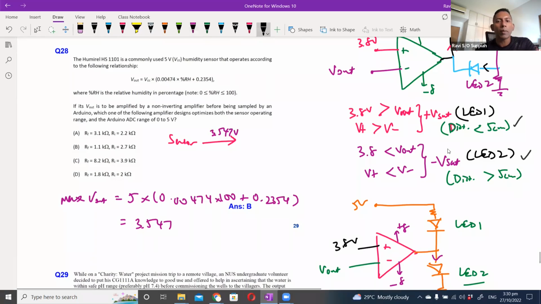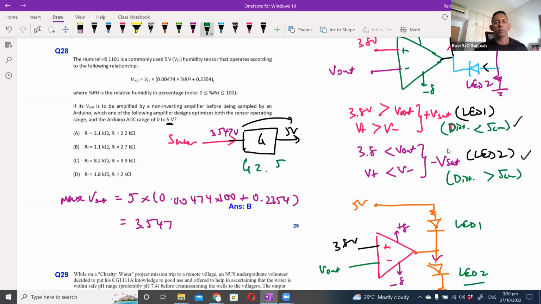And what I want to do is take this and pass it into an amplifier with a gain. Since your Arduino ADC range is 0 to 5 volt, you want to maximize this all the way to 5 volt. So the gain that you want is in essence 5 over 3.547, which will be 1.41.